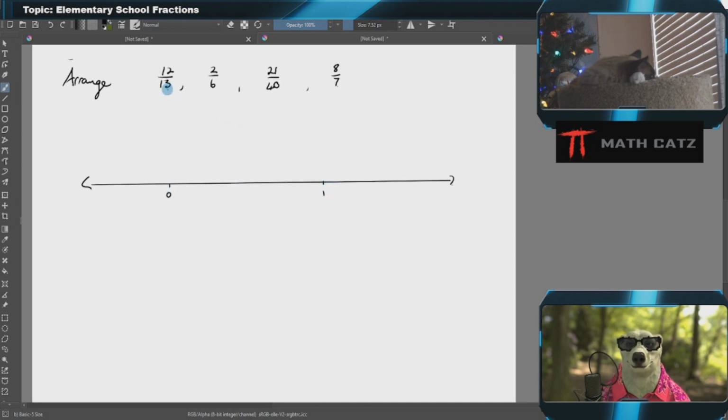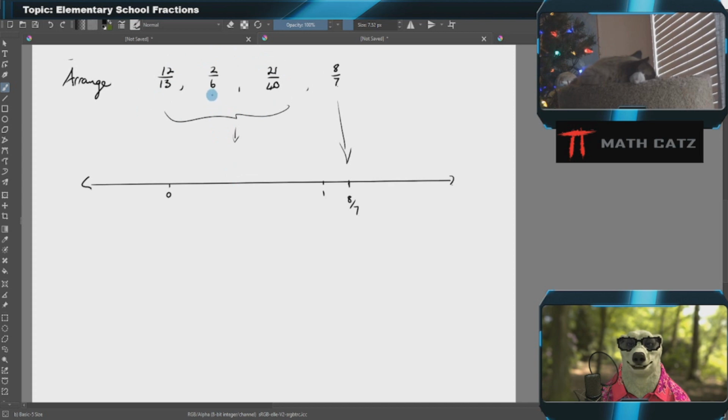I can see the first 3 are all proper fractions, so they will fit in here somewhere, whereas 8 over 7 is an improper fraction, and it is going to be on this side, on its own. So I know already, without doing nearly anything, that that's going to be the largest of all of these. Then my problem is reduced to simply figuring out and sorting these 3.